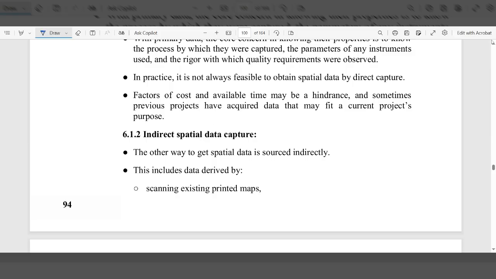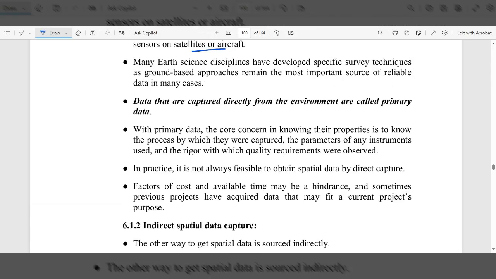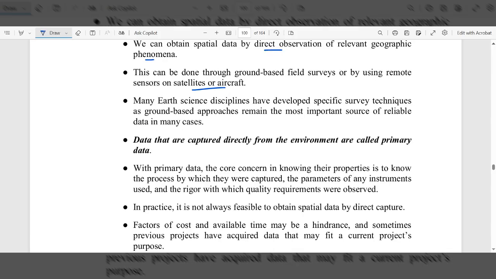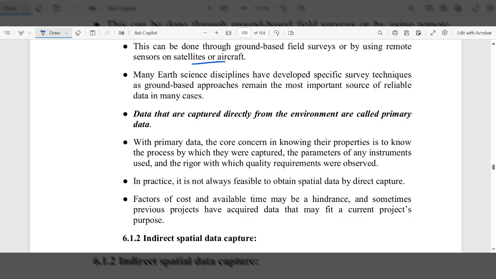So this is about the capturing of data, right? This is about the observation of phenomenon, right? Direct observation. So this can be done by using remote sensors or by using satellites or aircrafts or field survey. Right, and this technique is a ground based approach technique, you have to go directly on the ground and collect data, right? And you have to capture data directly from the environment, so it is considered as primary data, right?